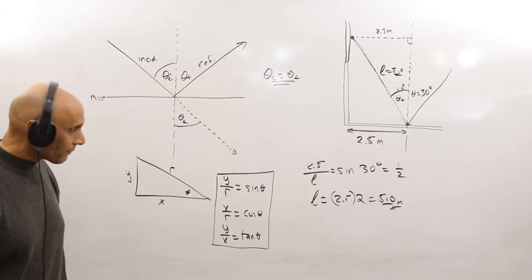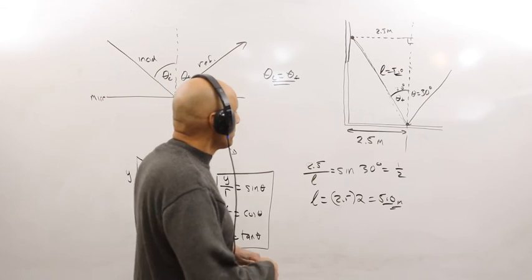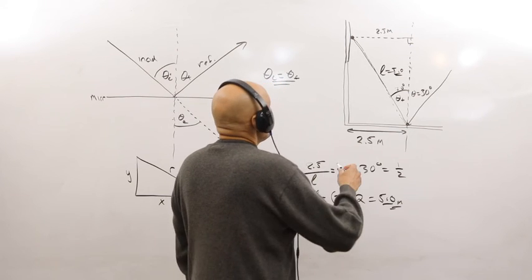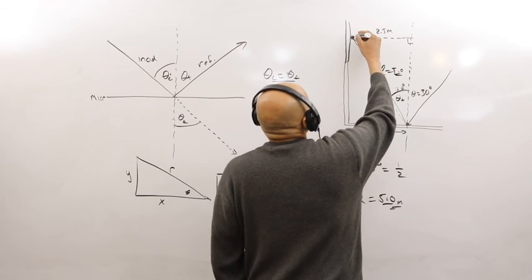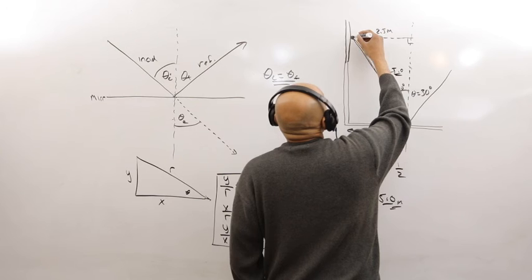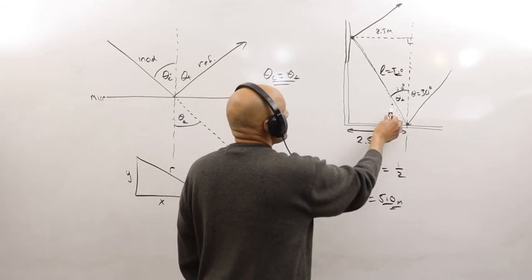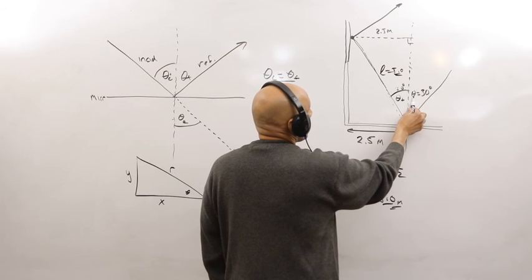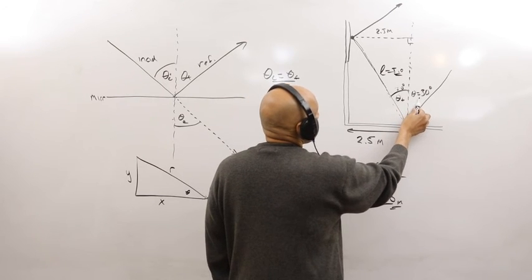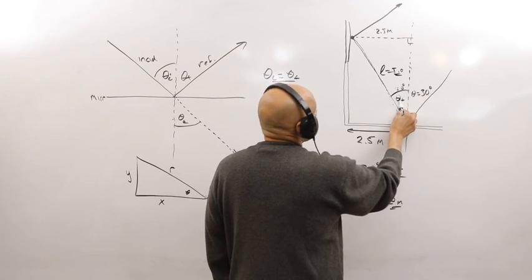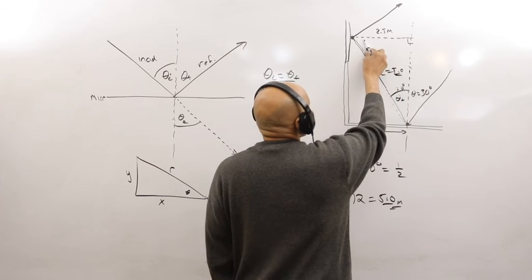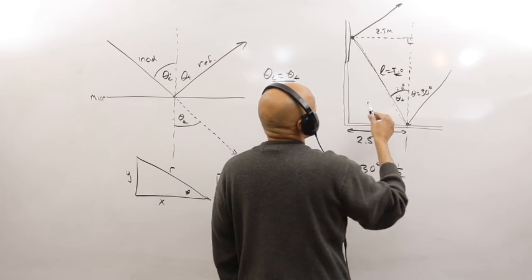Okay. Anyway, the second problem was that we have to calculate the angle of the reflection of this light ray. So let's imagine, here's your 30 degrees, so let's call it theta. So theta is 30 degrees, this is theta also, but we know that this angle plus 90 degrees is 180 degrees.